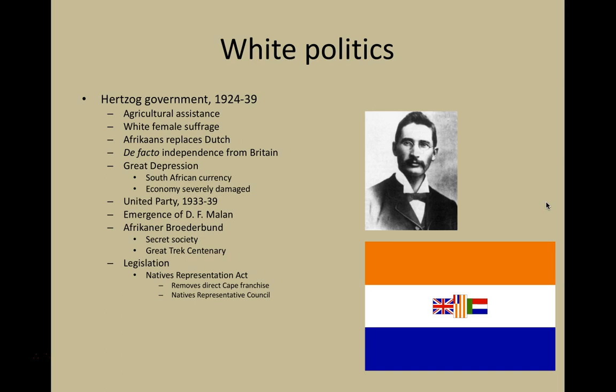They created instead an organization called the Natives Representative Council, which was to have an advisory function, and then they allowed the blacks to elect some white representatives, I think 4 at this point, who would represent their interests in Parliament.